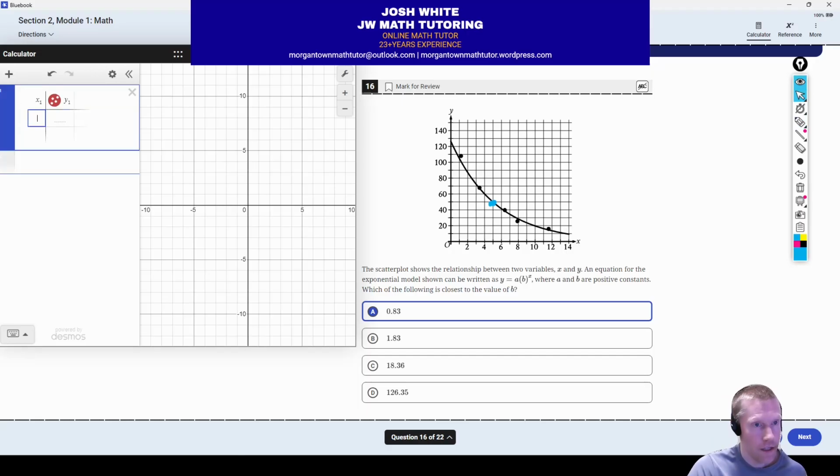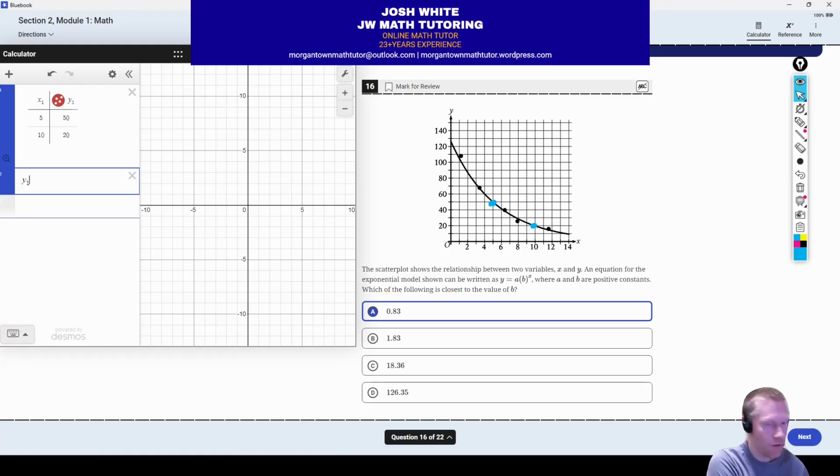So let's go ahead and put that one in. And let me see, where is another point that looks like it's right on a nice integer value. Maybe right here, 1020. It looks like it's right on the intersection of the two grid marks.